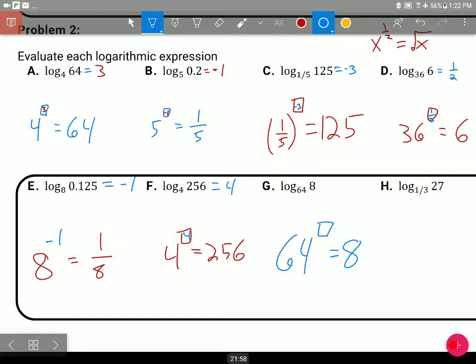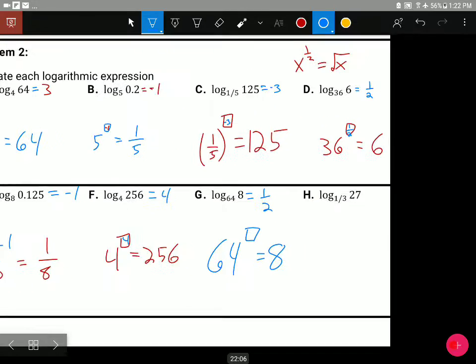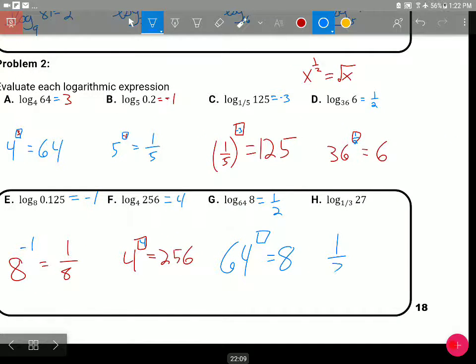What will take that 64 down to an 8? 1/2. You got to take the square root of it, so that's a 1/2. So that equals 1/2. Last but not least, 1/3. Now don't yell this out. Let everybody get a moment to think that hasn't. You're up here. I need you down here. Okay, you got to do two things to it. What's one of them?